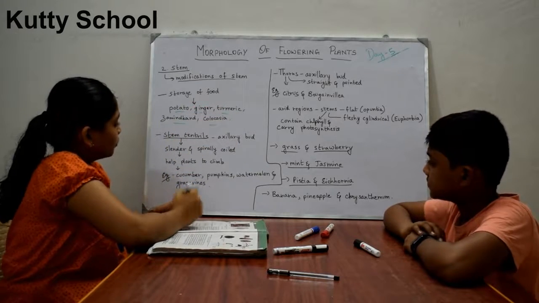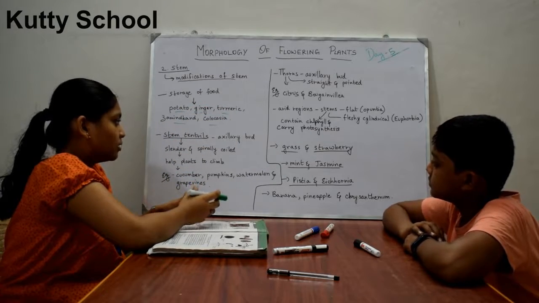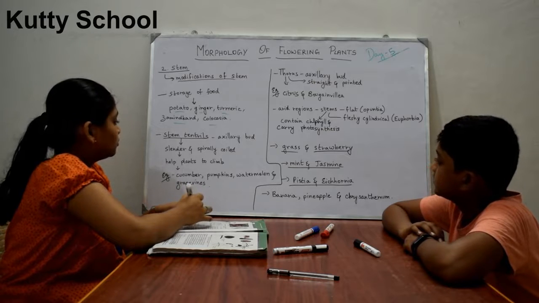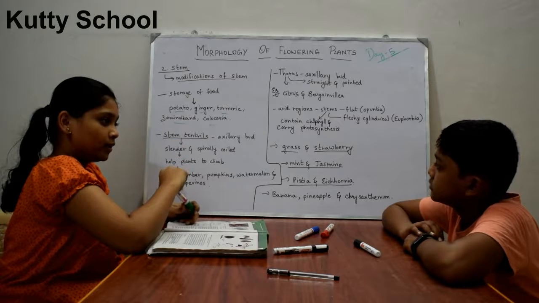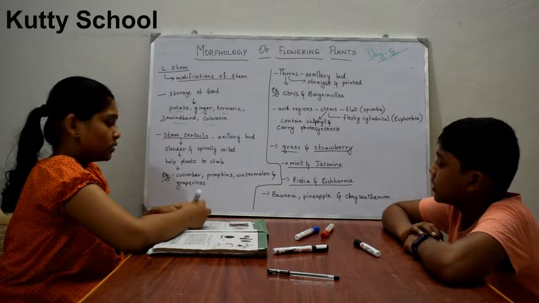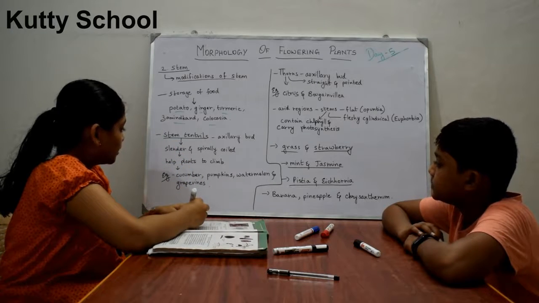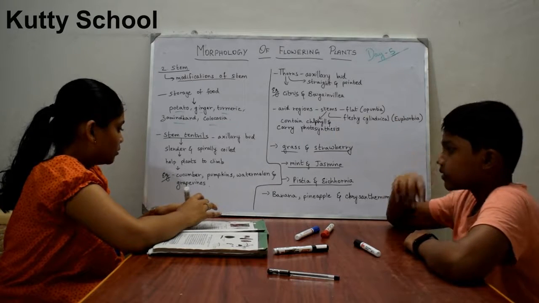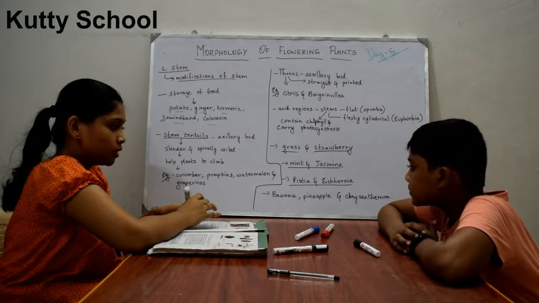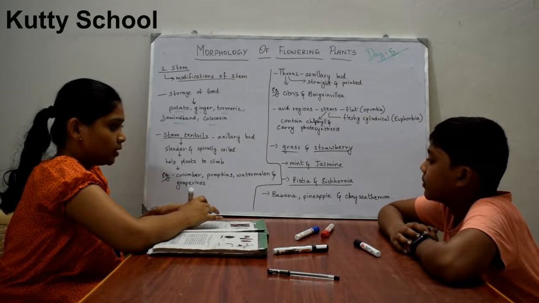From these buds, stem tendrils develop. These tendrils are slender and spirally coiled, as we see in money plant. These tendrils help plants to climb. Examples are cucumber, pumpkins, watermelon and grape vines.